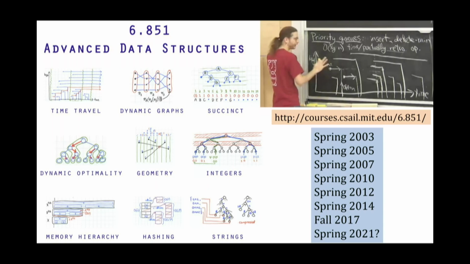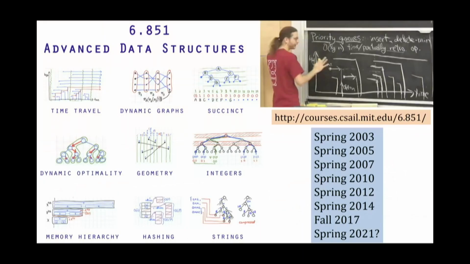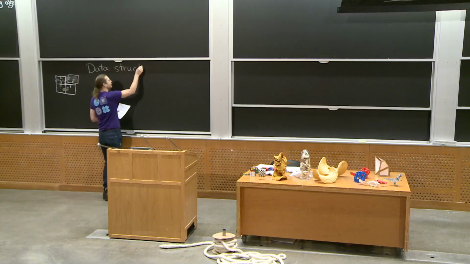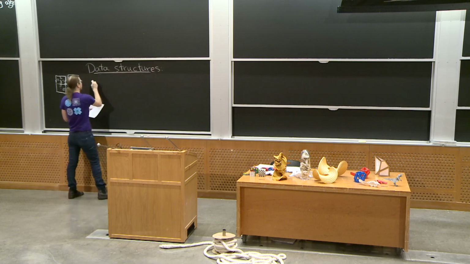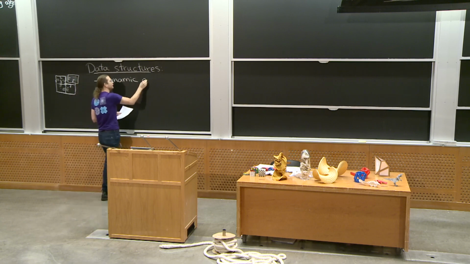I thought I'd give you a flavor of one such result, which is a problem we've seen in this class, done better. So suppose you want to store a dynamic ordered set.